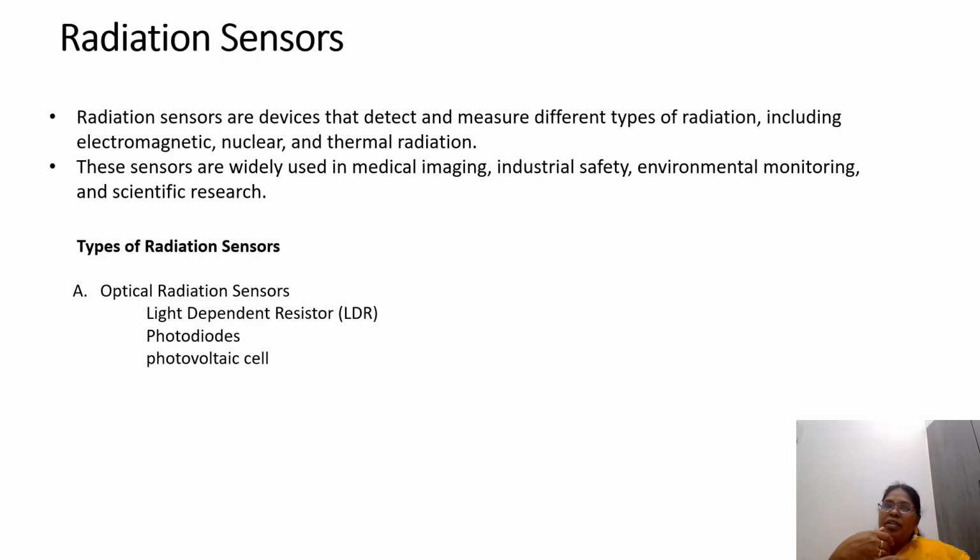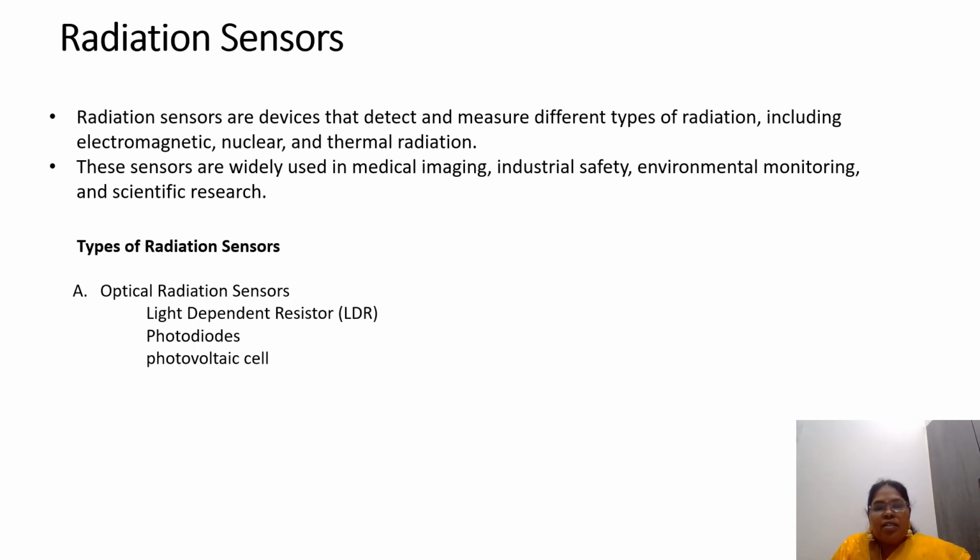It may be electromagnetic radiation, or nuclear radiation, or thermal radiation. Based on how much radiation falls on it, it will detect those radiations and convert them into current. Based on what applications we need, it will be changed accordingly. These are devices that detect and measure the different types of radiation that come.